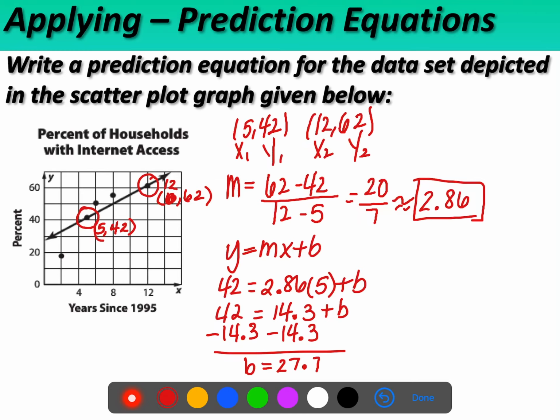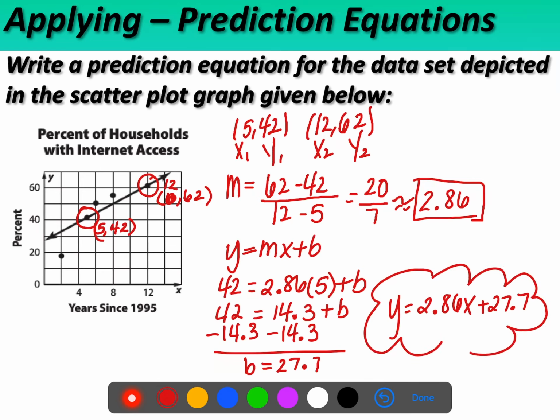Okay, so now I have a y-intercept as well, and I can write a final answer for this prediction equation, or this best fit line. And that pretty closely models the data in this set here.